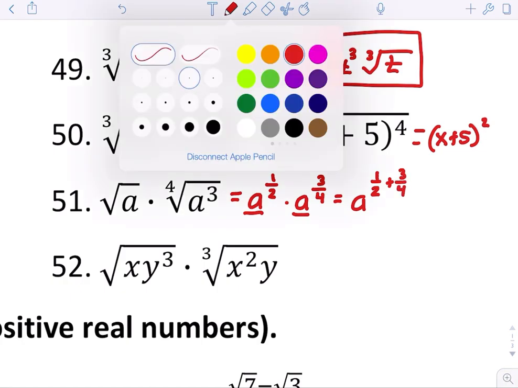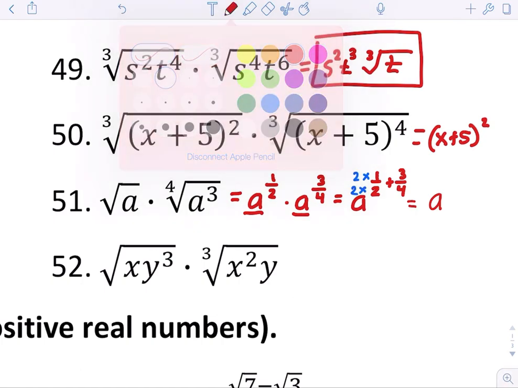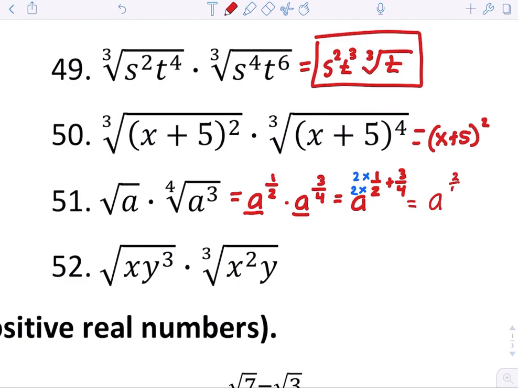Okay, now you gotta get a common denominator, right? So we're gonna have a to, let's multiply this by 2, so we're gonna get a to the 2/4 plus 3/4. That's gonna equal a to the 5/4.